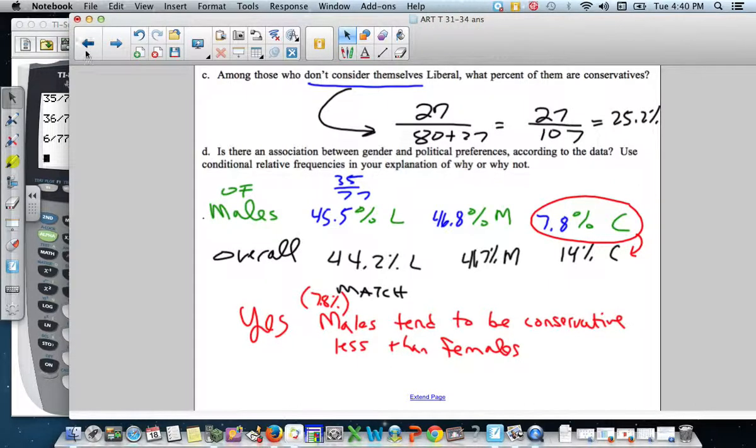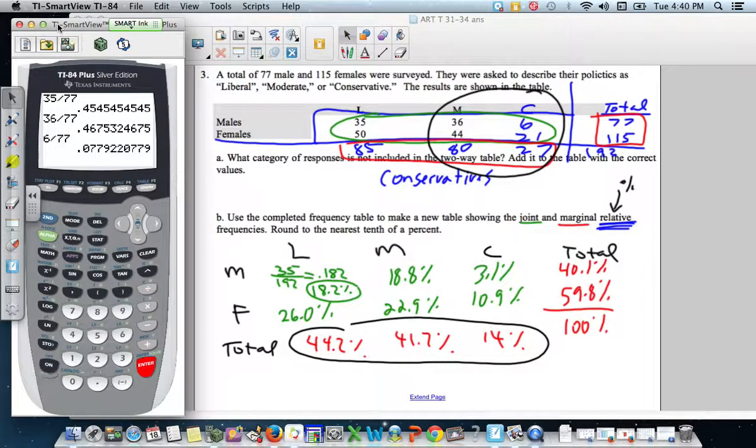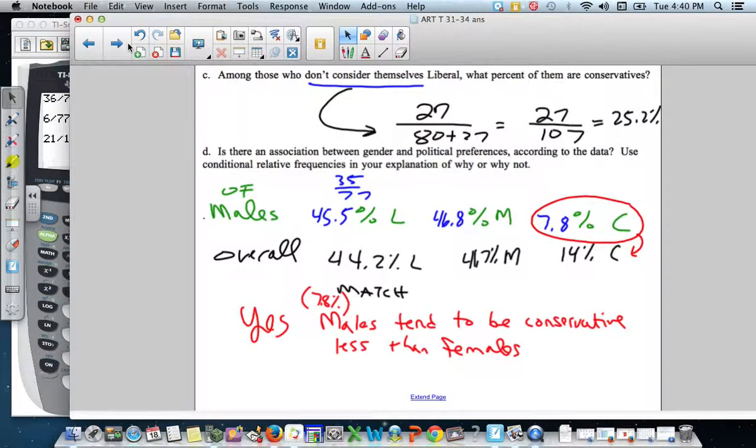If I wanted to figure out the females, I just take the 21 out of 115. That's 18.3%, so that's quite a difference. 18.3% of females are conservative. So on the flip side to that, you could say females tend to be more conservative than males.